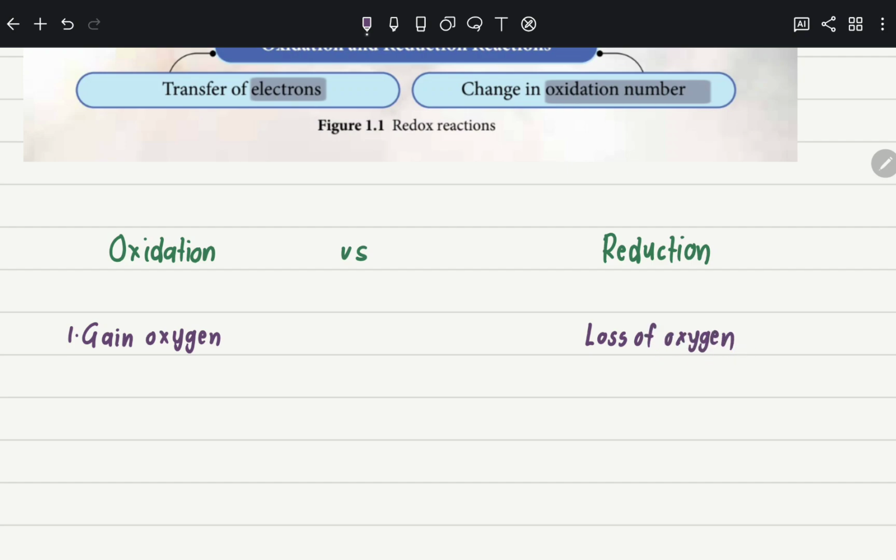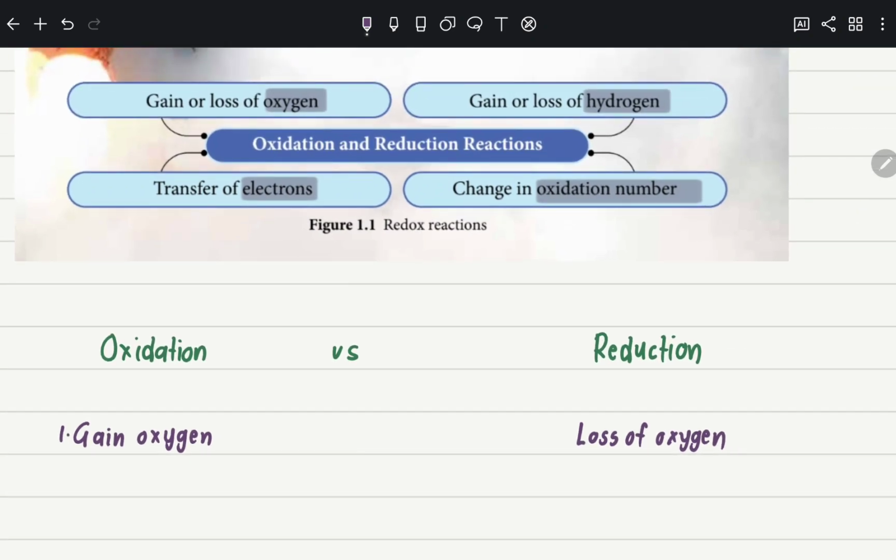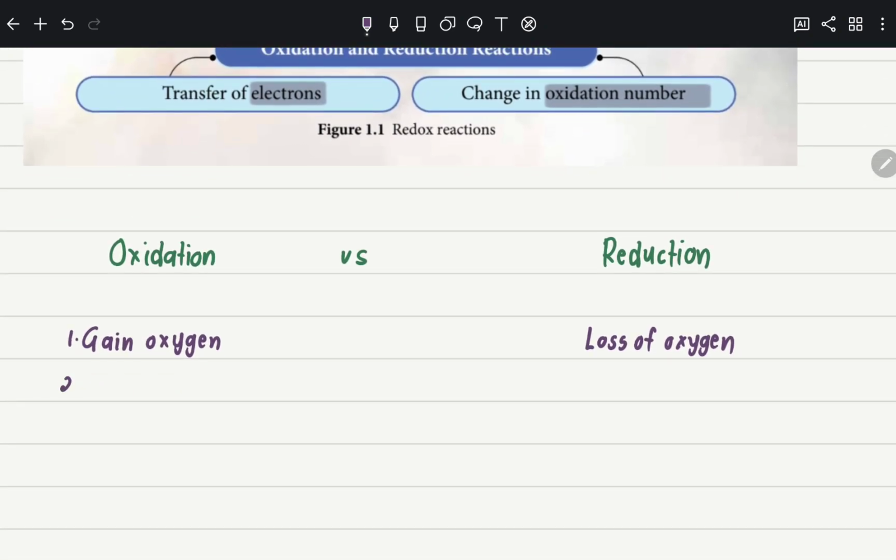Okay, then how about hydrogen for oxidation? Kalau dia gain oxygen, dia kena bias dengan hydrogen. So lost hydrogen. They are biased. So if in oxidation the person lost hydrogen, then in reduction the person will gain the hydrogen.